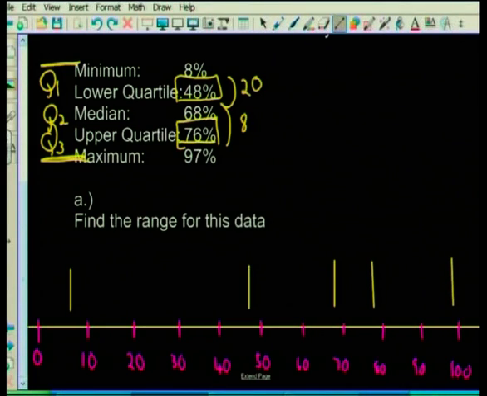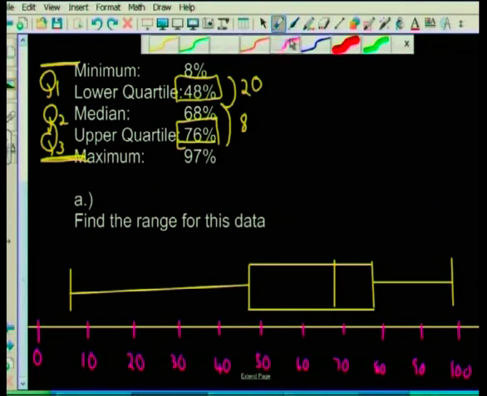Then, the three middle ones, I am going to make a box out of. And from the box to my maximum, and from my box to my minimum, I'm drawing my whiskers. Now let's have a look at what this means graphically.